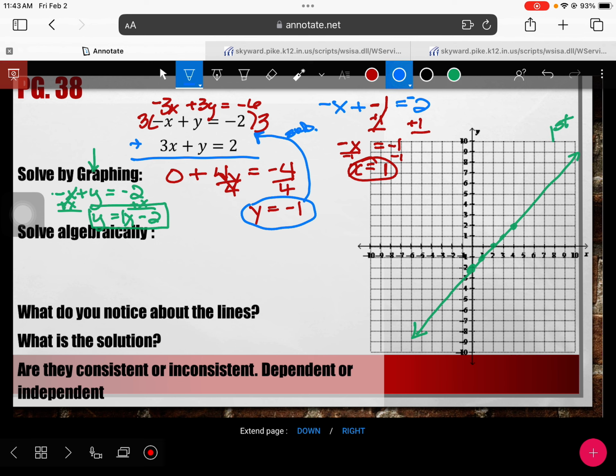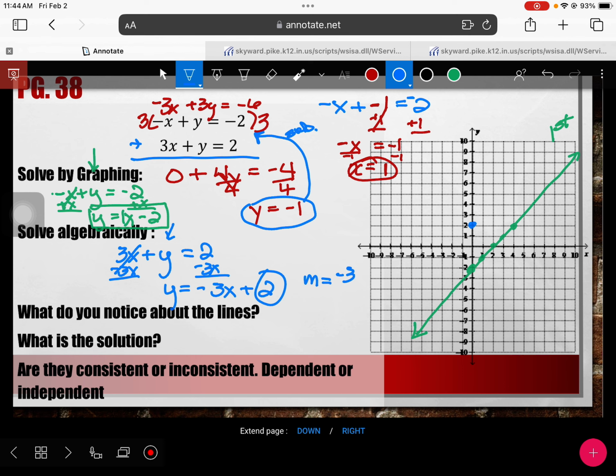And the second one, 3x plus y equals 2. I want to isolate y, subtract 3x, subtract 3x. y is equal to -3x plus 2. So here, my y-intercept is 2. And what's my slope?